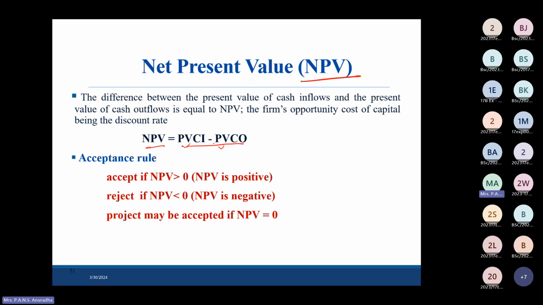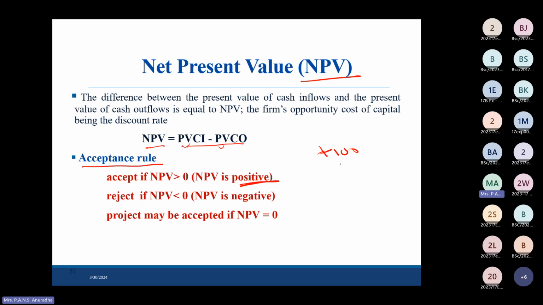Right. So if NPV is positive, the acceptance rule or decision rule is very clear. It's theoretically very strong. If the project NPV is positive, you can accept the project. Suppose you have calculated the NPV and it is positive 100. So what does it imply?